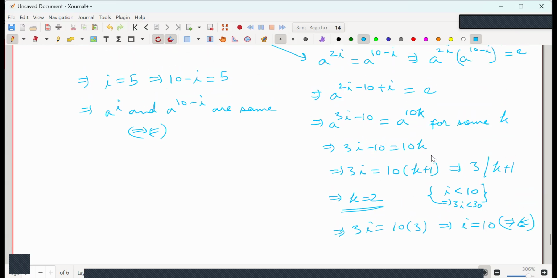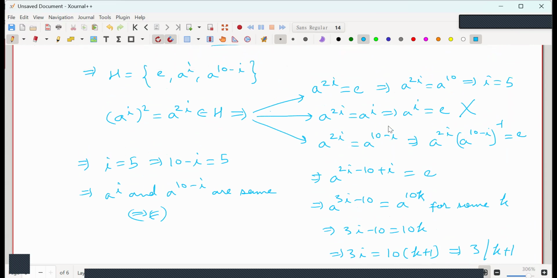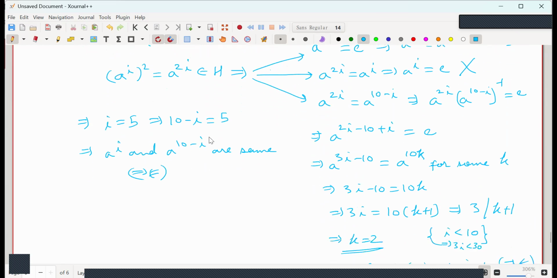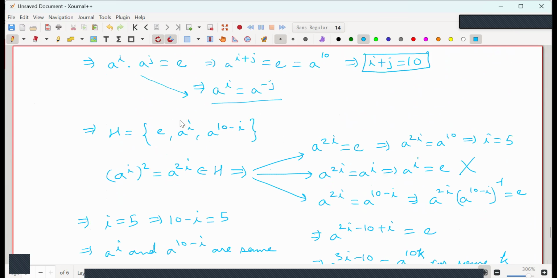So there is no choice of i which satisfies this. So a^2i cannot be equal to a^(10 minus i), and thus the first option has to be the only choice, which says i equals 5. But that means 10 minus i is 5 again, which means a^i and a^(10 minus i) are the same. So this set is not a set containing 3 elements.